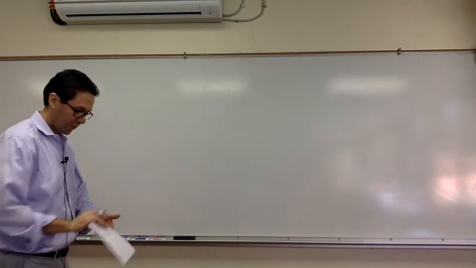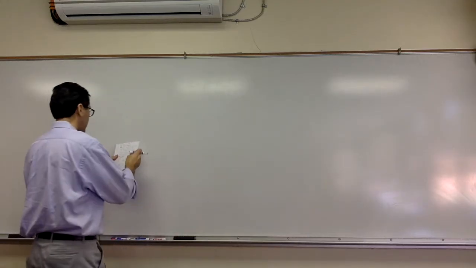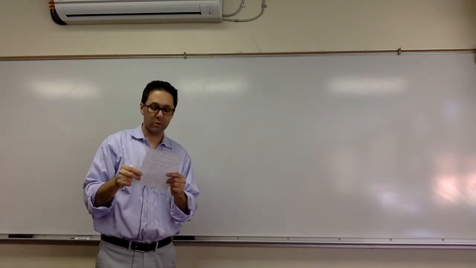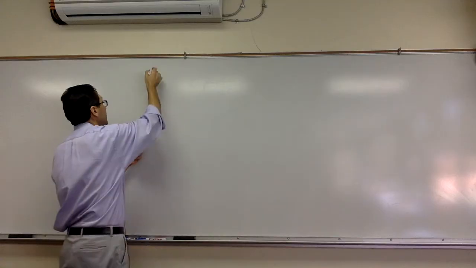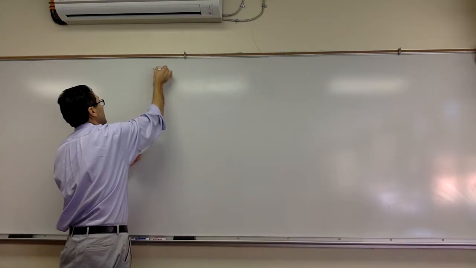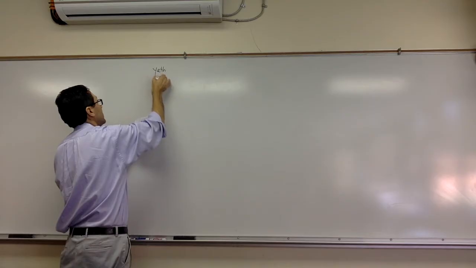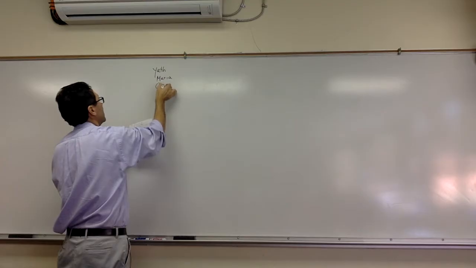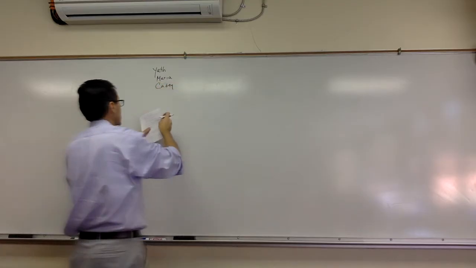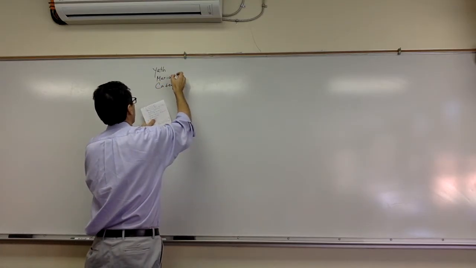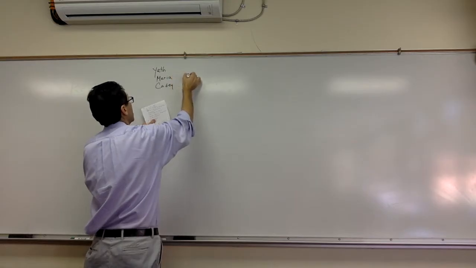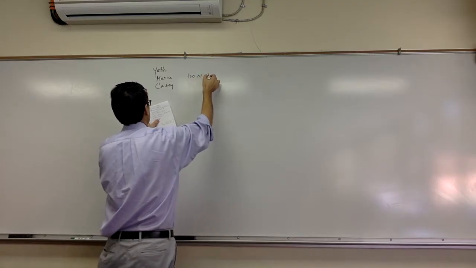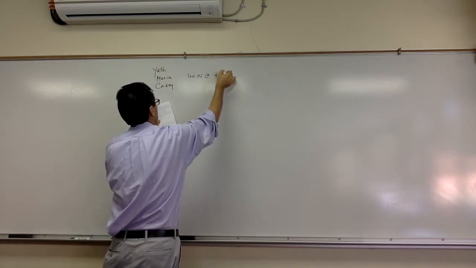The example is I have three people having a three-way tug of war. Their names are Yad, Maria, and Casey. Maria is pulling with 100 newtons at 40 degrees north of west.